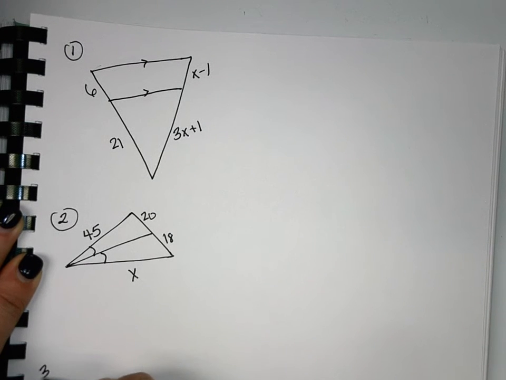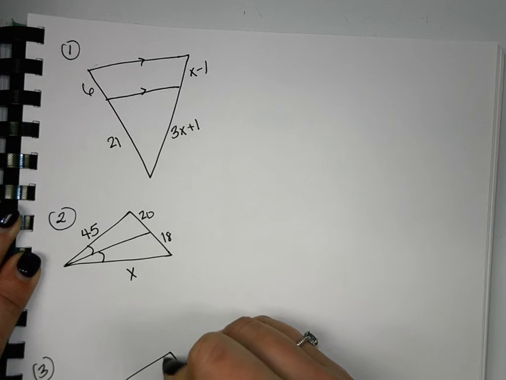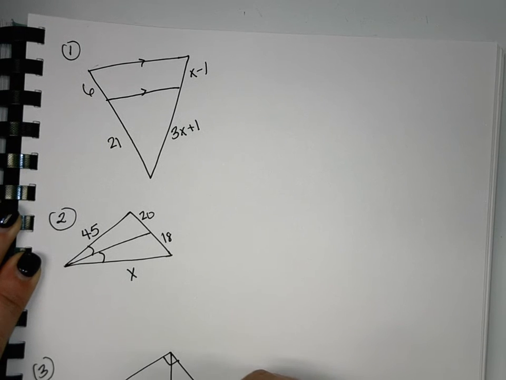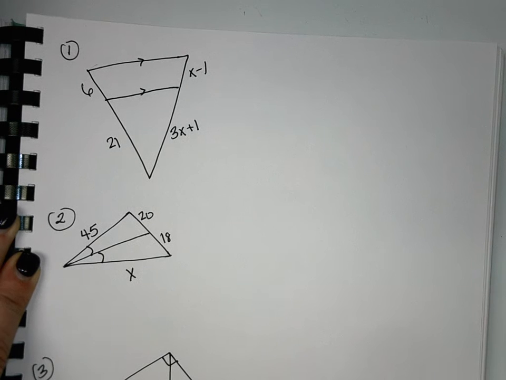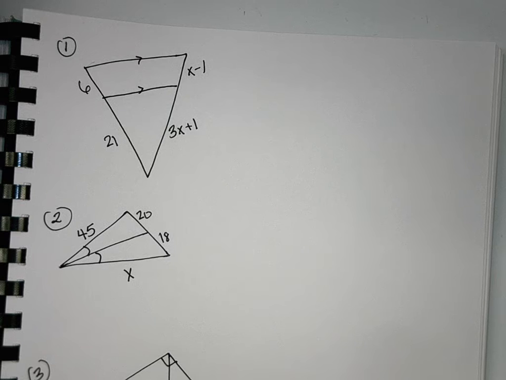And then our third one. I'll move it up when it comes time for the third one. So looking at number 1, how might we set up that proportion so that we can solve?